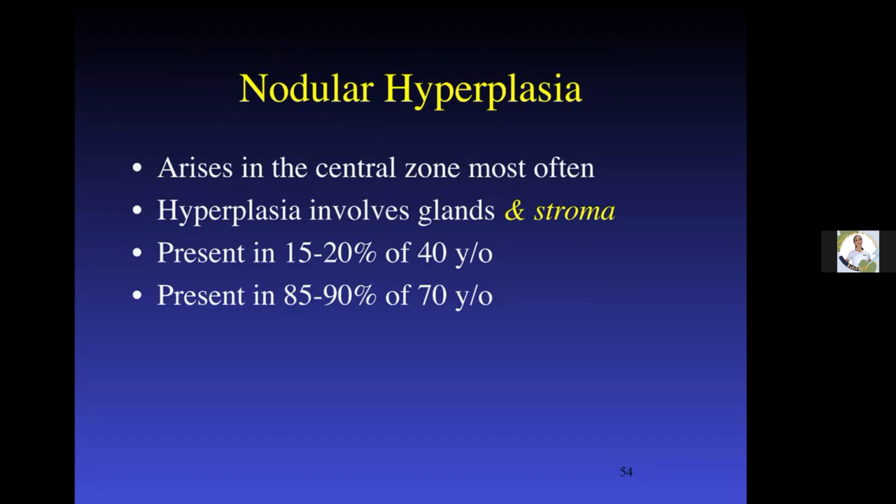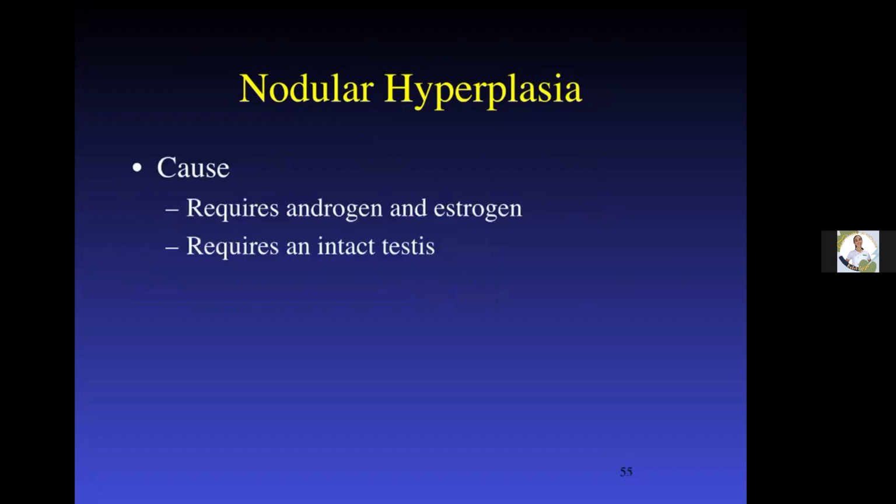You can see it in 15 to 20% at 40 years of age, and if you are 70 years old, it is present in 85 to 90% of cases. It requires androgen and estrogen, and it requires an intact testis for you to have nodular hyperplasia.